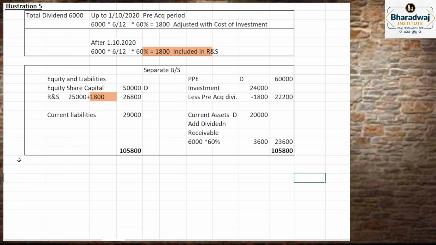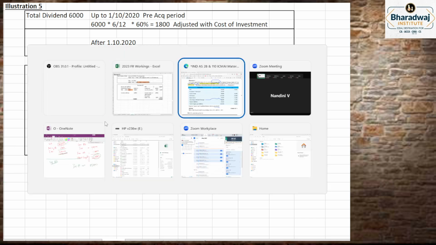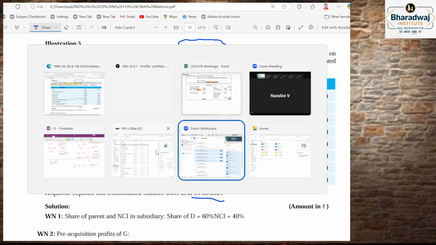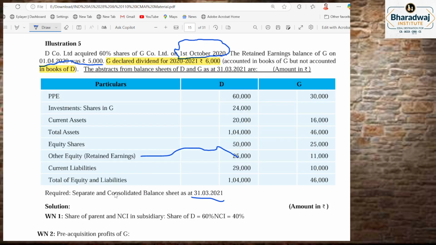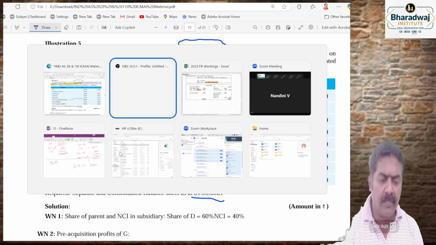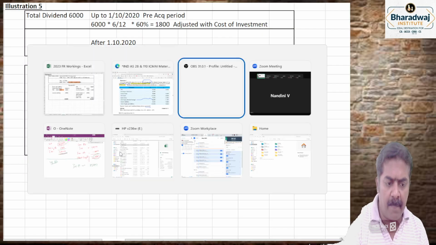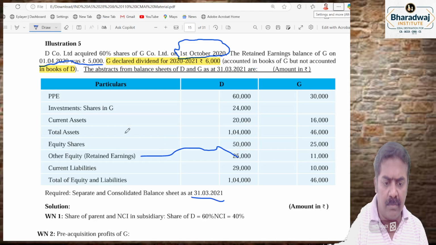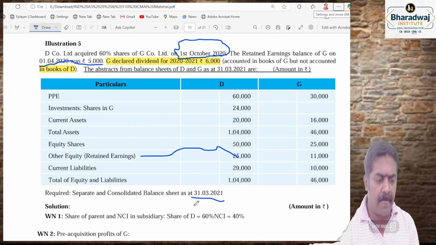Shall we? For the consolidated balance sheet, we want the pre-acquisition and post-acquisition net worth clearly.